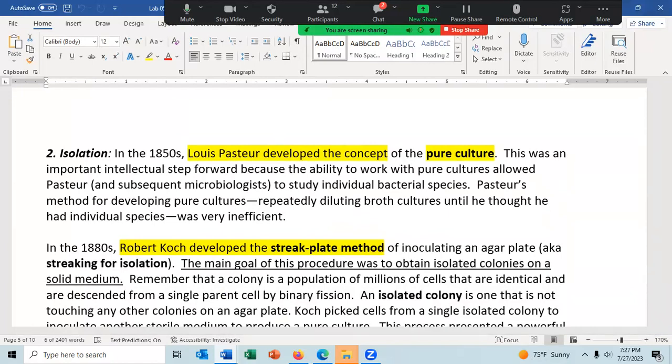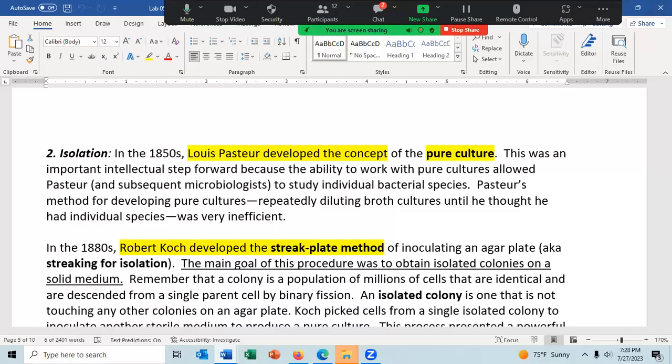Louis Pasteur came up with the concept of working with pure cultures, and he came up with a procedure for obtaining them. It was a very difficult procedure. You took your bacteria in a liquid culture, and then you made several different dilutions of that bacteria, and then you took each of those dilutions and you plated them 10 times into a test tube.